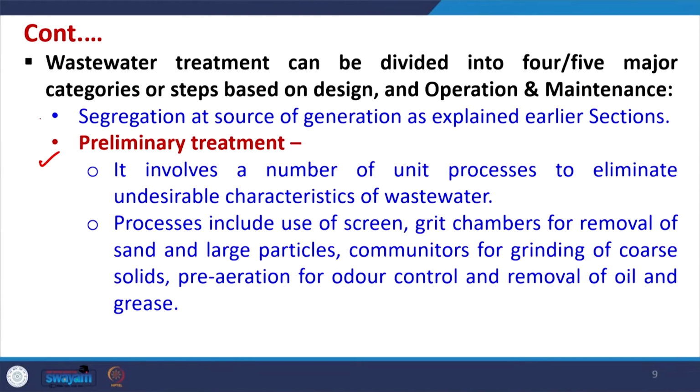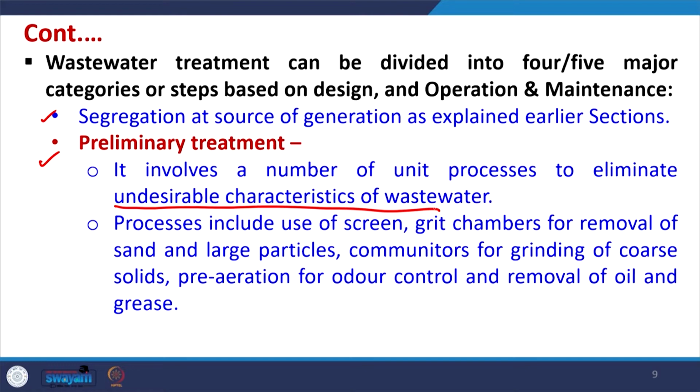So, first is preliminary treatment. Segregation at the source of generation has been explained earlier. This is very important and helps in determining which strategy has to be followed. After that there are different options. One is preliminary treatment, which involves a number of unit processes to eliminate undesirable characteristics of the wastewater.